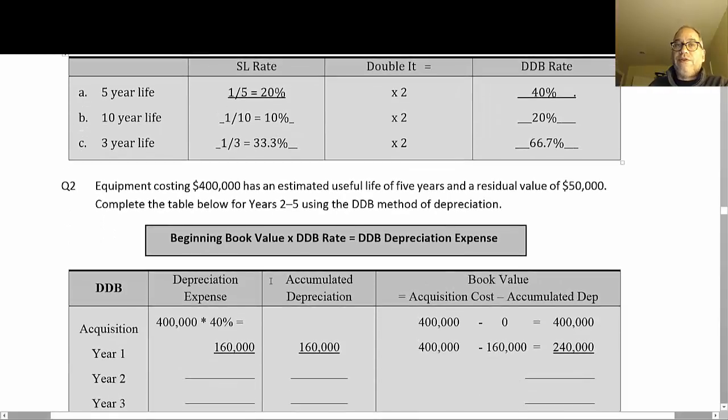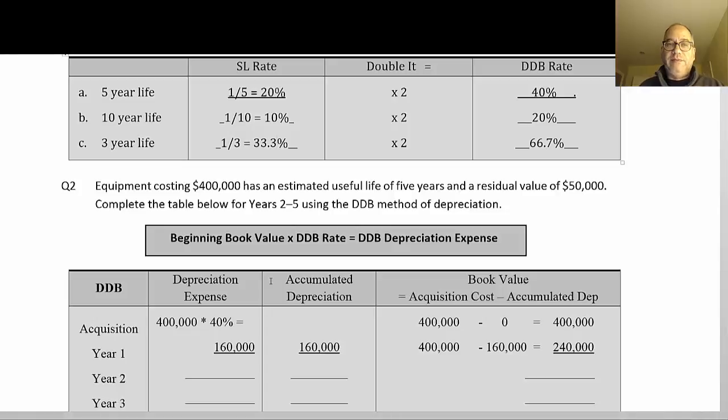So if equipment costs $400,000, and remember, this is the same example as in the previous activity, with an estimated useful life of 5 years and a residual value of $50,000. Remember, last time annual depreciation was $70,000 a year.